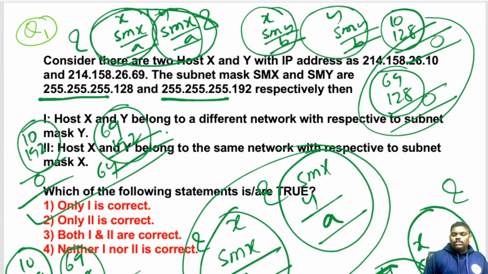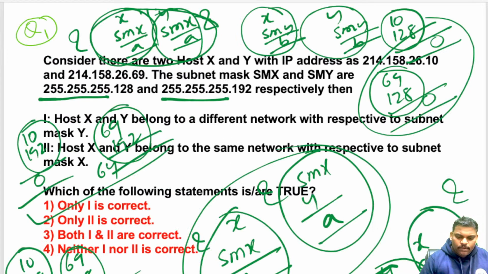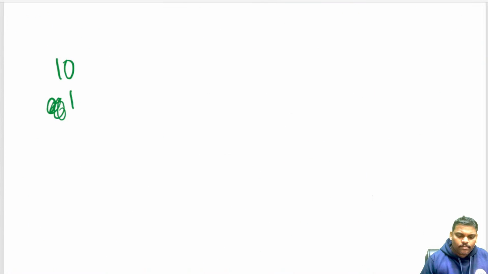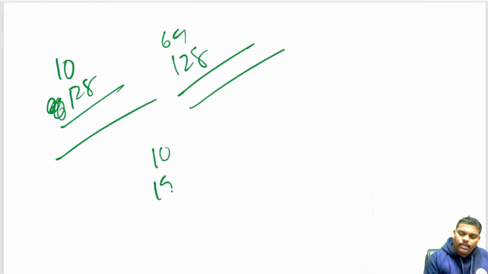Check properly, I don't know. Just do the AND operation. If you want, I will do this. So what is the answer? 10, 69, 128. Let me go back once again. 10 with 128, 69 with 128. 10 with 192, 69 with 192.